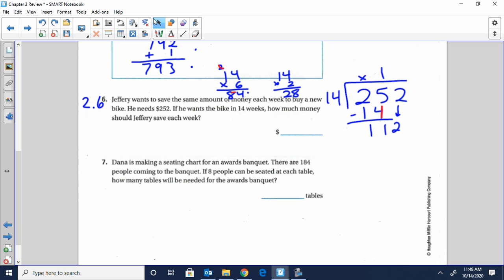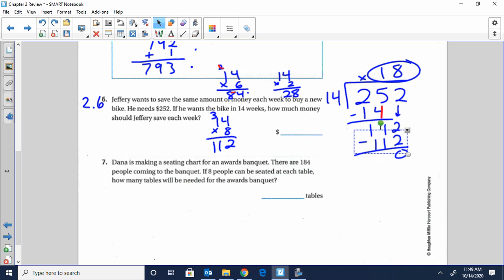So I'm going to jump to 14 times 8. 8 times 4 is 32. 8 times 1 is 8, plus 3 is 11. That is 112, so we know it's 8 times. Subtract, remainder of 0. He needs to save $18 each week in order to meet his goal in 14 weeks.